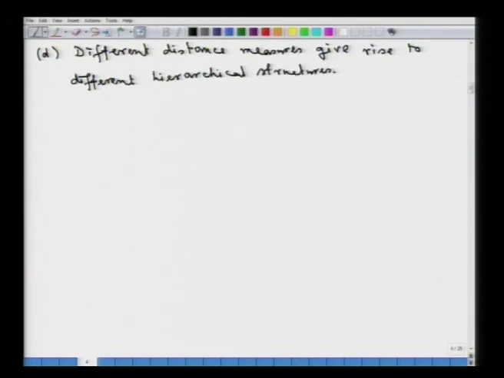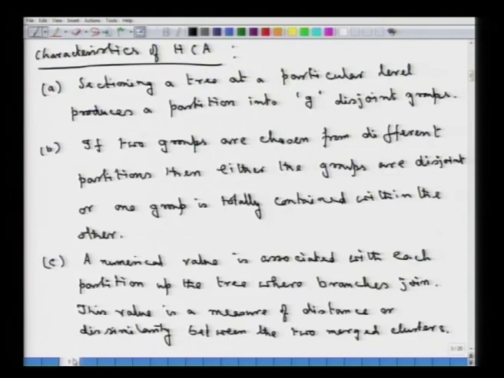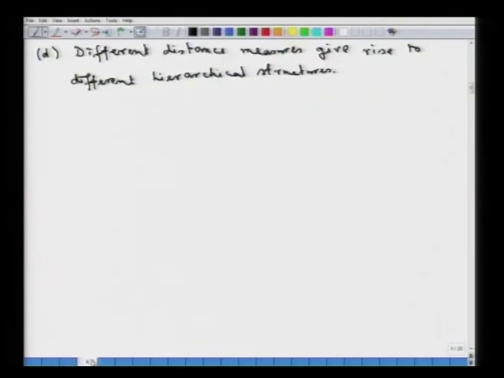Now that is the basic type of characteristics of any hierarchical clustering method. Now let us discuss about the 2 types of hierarchical, or rather 2 types of algorithms that are usually used in order to frame such hierarchical clustering.